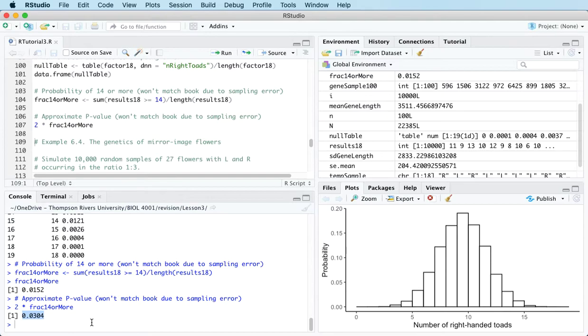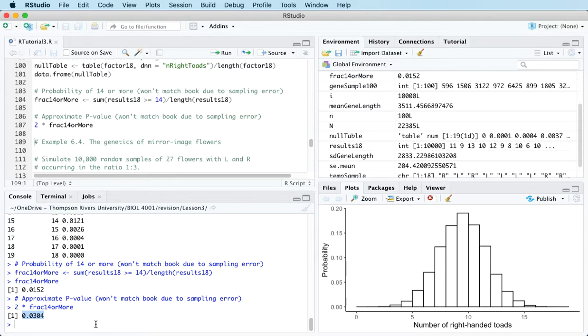And so is that sufficient for us to reject the null hypothesis? Okay, so we've seen something that seems very unlikely, and so is this p-value that we've calculated low enough that we would say, I'm going to reject that null hypothesis.